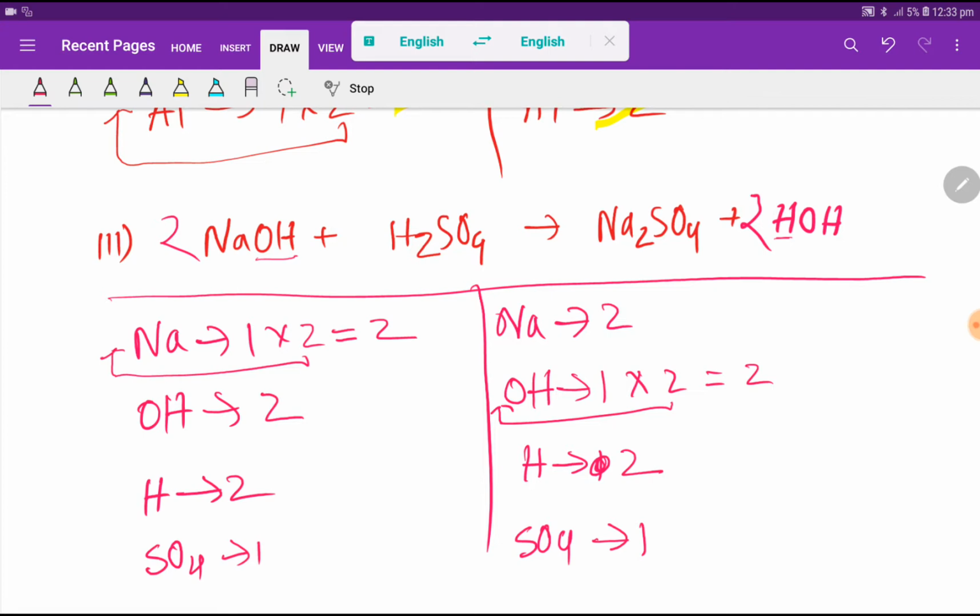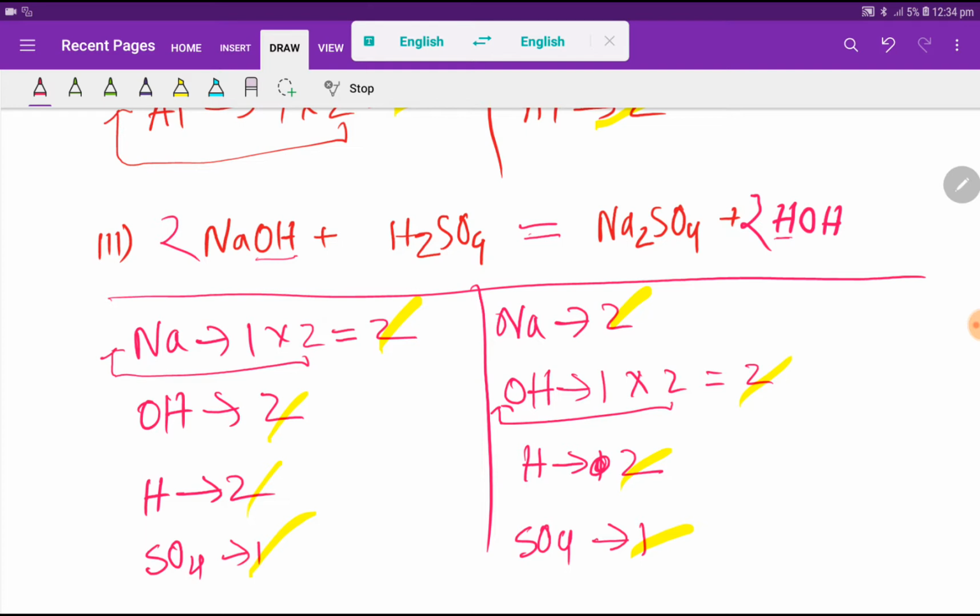So look, now you have sodium, which is 2 2, hydroxide 2 2, and hydrogen here 2 2, then sulfate 1 1. So you can say that this is the balanced equation. At last you can replace this arrow sign by equal sign. So this is the balanced equation.